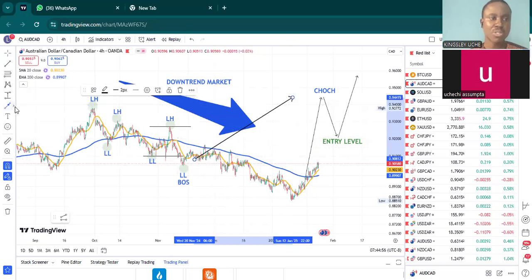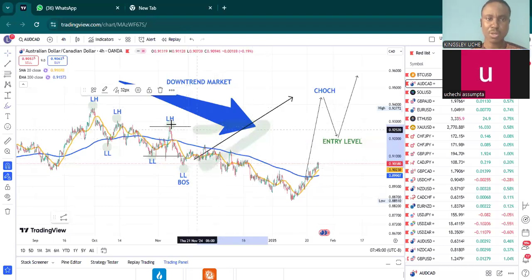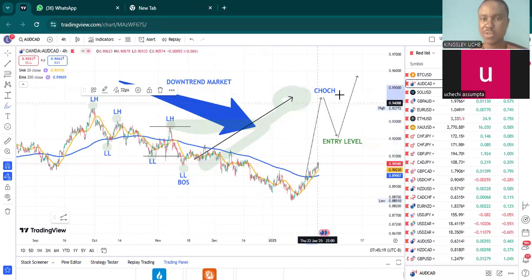We want to see the market move from this level, cross this lower high, which is above, and head towards this level, right? We want to see the price move higher, cross this horizontal line, which carries the third lower high on top, to come up and give us a change of character. Okay, we need to see a change of character, which is this.